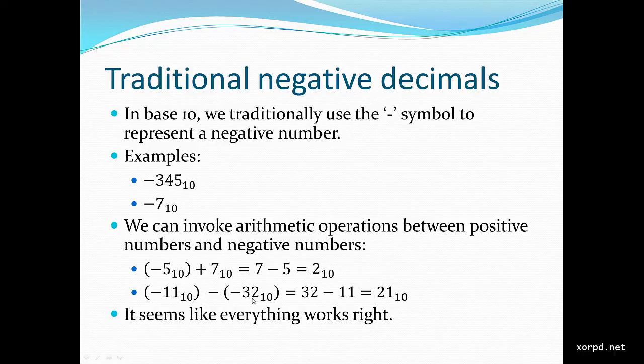That would actually equal minus (32 plus 11), because... twice the minus becomes a plus, and we get eventually 21 in base 10. And it seems like everything works just right in the old way, so why would we want to try something new? Well, I think you should consider a new way to do it, and we are going to present it here.